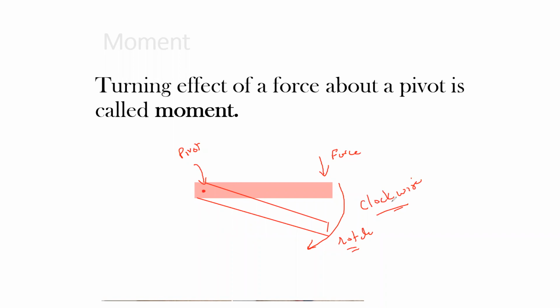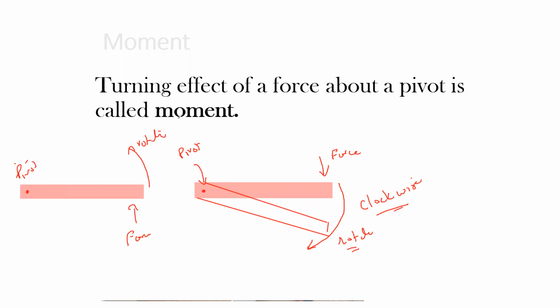So a moment can be clockwise or anti-clockwise, or counterclockwise. For example, if an object is fixed here at a pivot, we apply a force, and the object rotates. What kind of rotation is this?